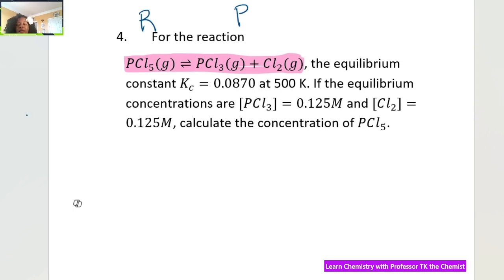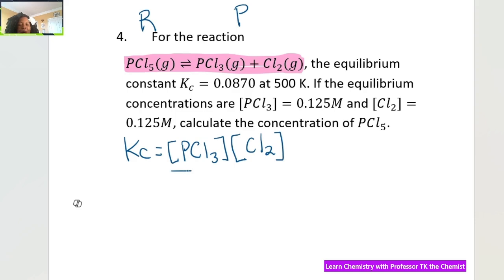Now we're going to set up the equilibrium constant again. And look at this, they're asking you to calculate the concentration of PCl5. But that's okay, we can do that. We know that we put the product, PCl3 times Cl2, divided by PCl5.